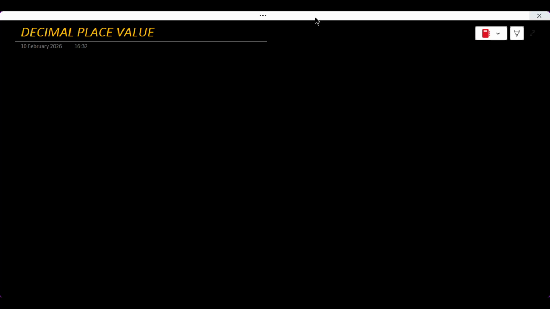With that said, let's look at the concept of decimal place values. The first digit after the decimal point to the right is called the tenths. Then the second digit is the hundredths.